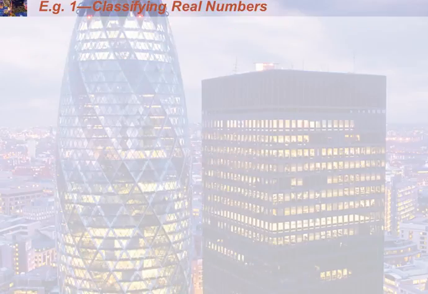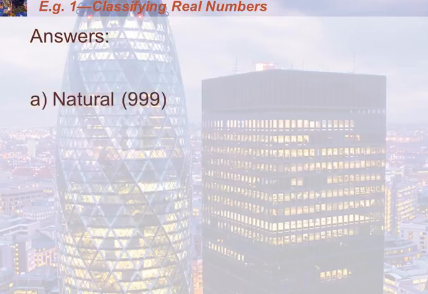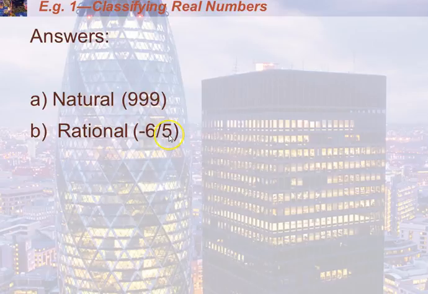Okay, so let's go ahead and take a look. A, that should be a natural number, right? That's the most specific way. It's just a regular counting number. It would take a while to count up to it, but it's a positive number that would be in that list of natural numbers. B is rational because it's got an integer on top, -6. It's got an integer on the bottom, 5.